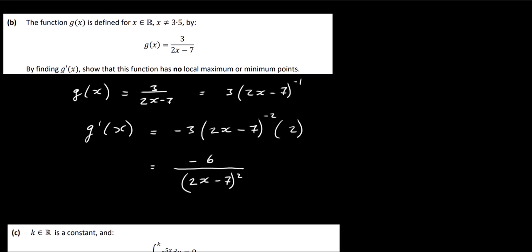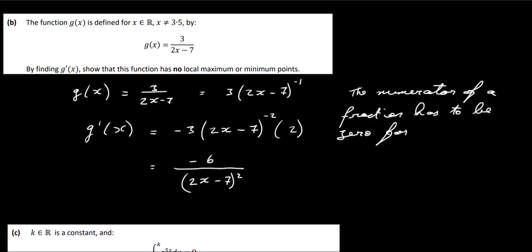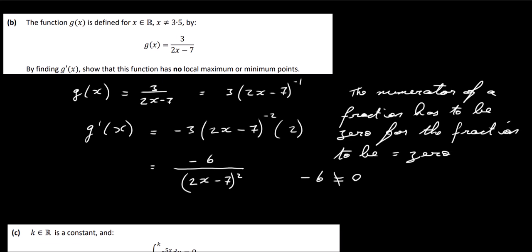Now it says that by finding this, show that the function has no local maximum or local minimum. So you can say something like the numerator of a fraction has to be 0 for the fraction to be 0. And you can see here that minus 6 is not equal to 0.